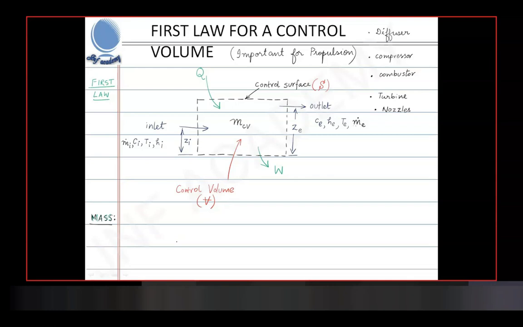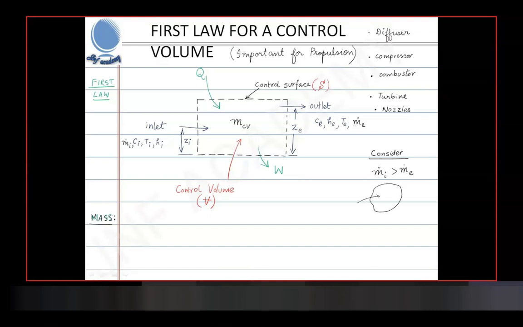Okay. Now, if m dot I is greater than m dot E, consider the situation. What will happen to the control volume? It will increase. Yeah, the mass of the control volume will increase. What does it mean?